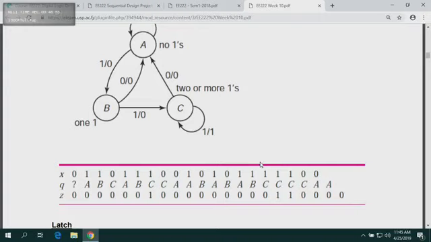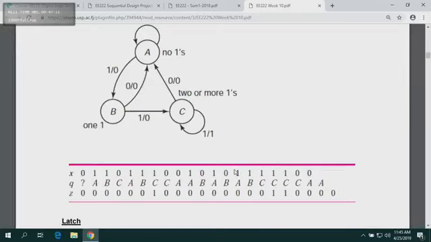So same thing goes over here. We have state table. We have state diagram. We have the circuit. The circuit shows the same thing as the state table, which shows the same thing as the state diagram, which shows the same thing as the timing trace. Right? And the timing trace is just easy. Once again, you just look at your current input, you look at your current state, and you predict your output. Alright?